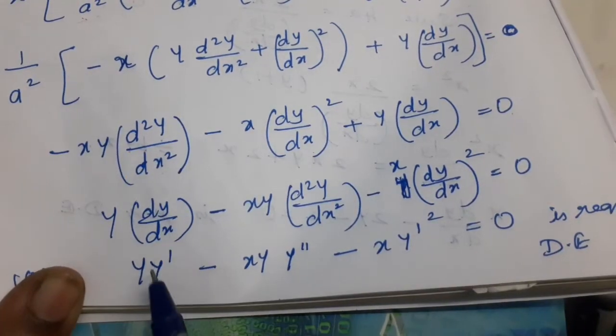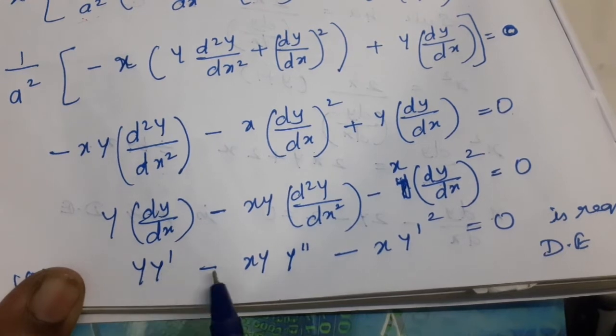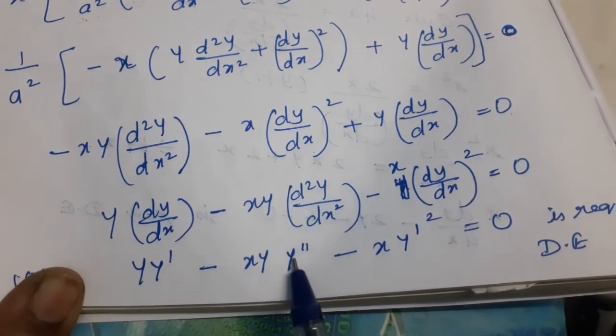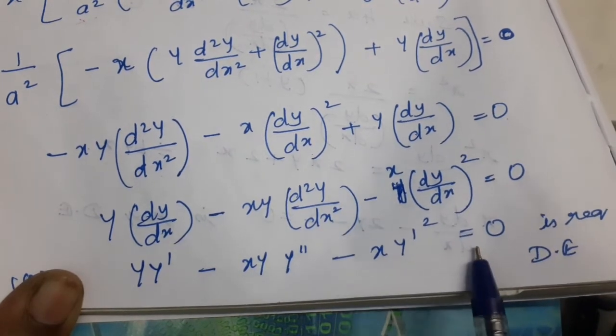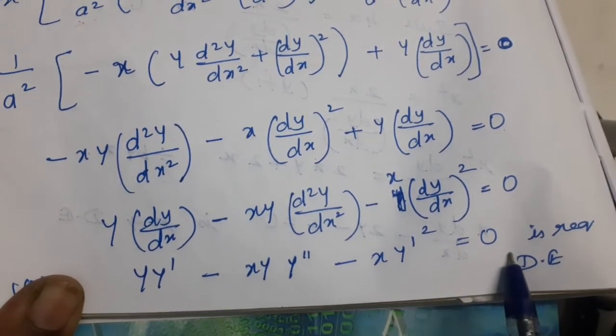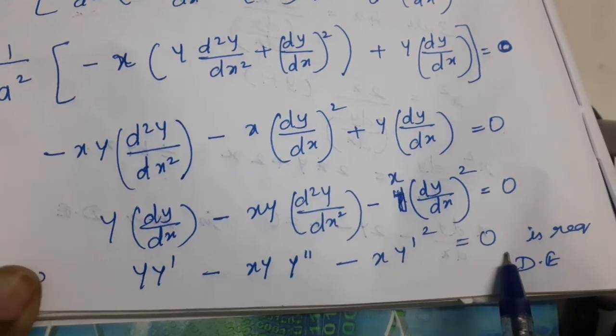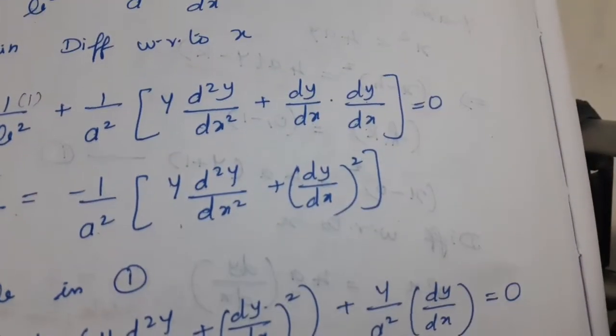That is, dy by dx is y dash. So y into y dash minus xy into y double dash minus x into y dash square equal to 0 is the required equation of the family of ellipses with the foci.